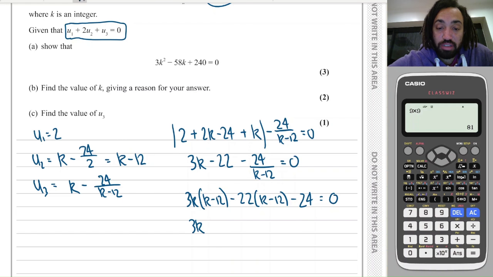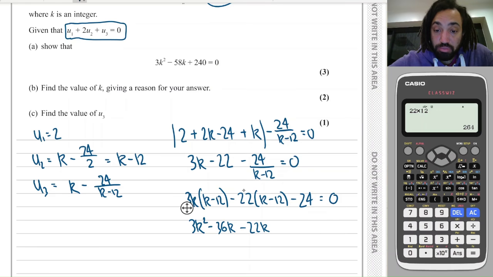Multiplying out the brackets, I get 3k squared minus 36k. I get minus 22k, and I'm going to get, right, time for calculator, 22 times 12, that's what it's there for, 264.